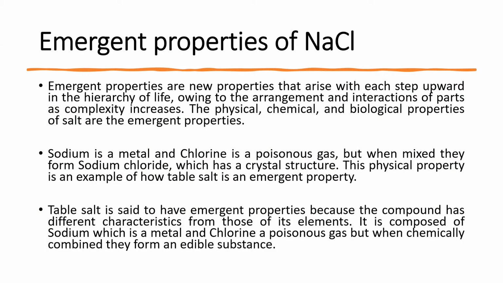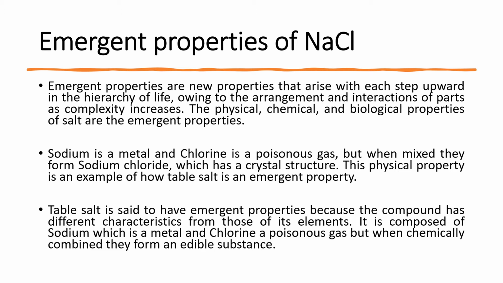Emergent properties of sodium chloride. Emergent properties are new properties that arise with each step upward in the hierarchy of life, owing to the arrangement and interaction of parts as complexity increases. The physical, chemical, and biological properties of salt are the emergent properties. Sodium is a metal and chlorine is a poisonous gas, but when mixed they form sodium chloride, which has a crystal structure.